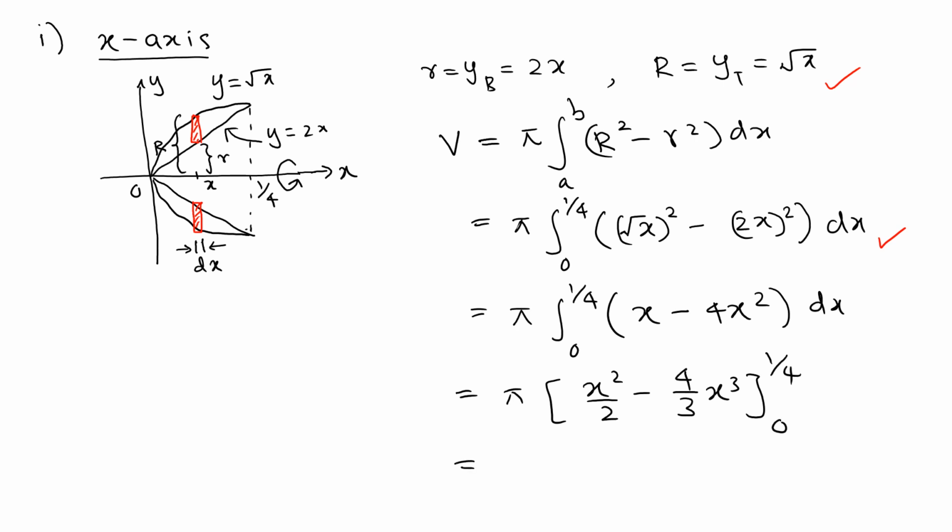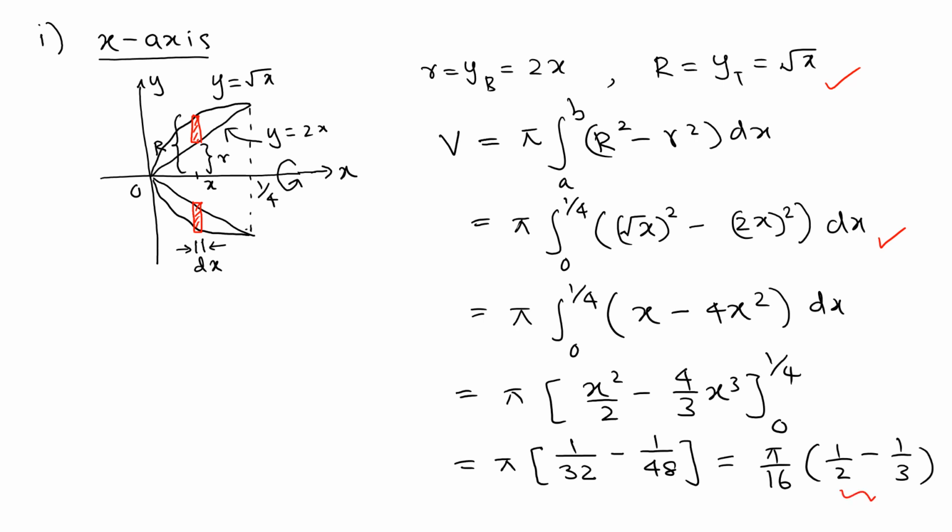If you do that, you get pi. I'm going to write the numbers and you can check whether you get these things. You get 1 over 32 minus 1 over 48. You can see that both of them are in the denominator. You can take 16 as a common factor out. So if you take pi over 16, from the first one, you get 1/2, minus from the second one, you get 1/3, and this part is going to simplify to 1/6.